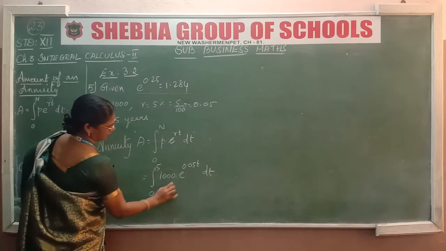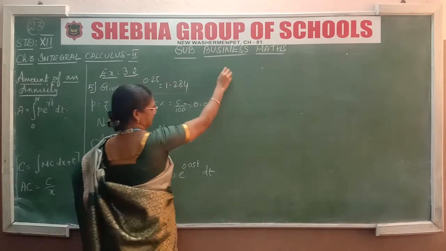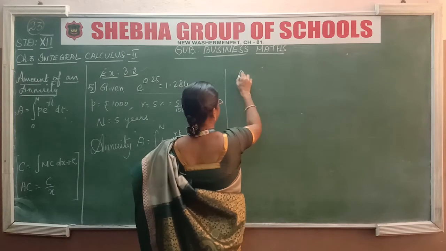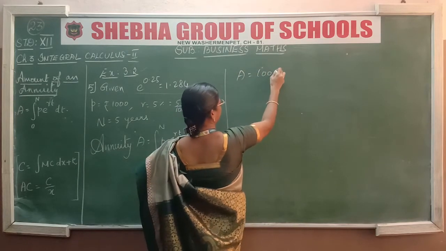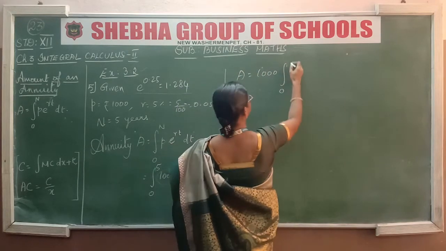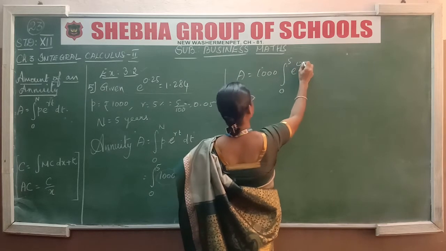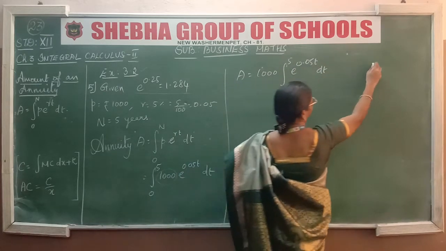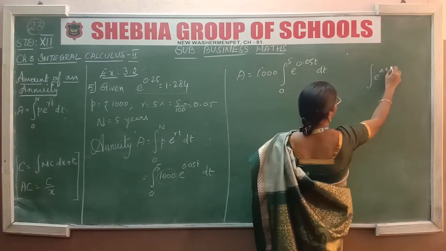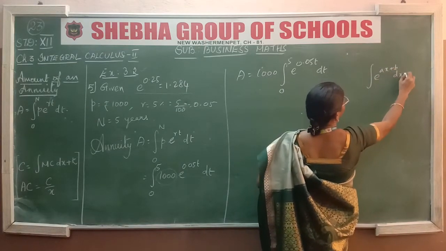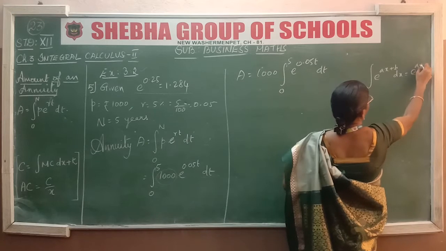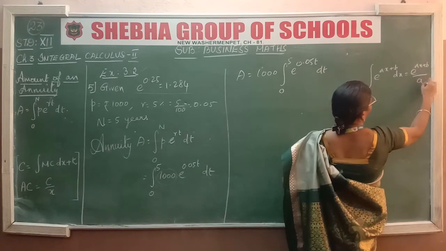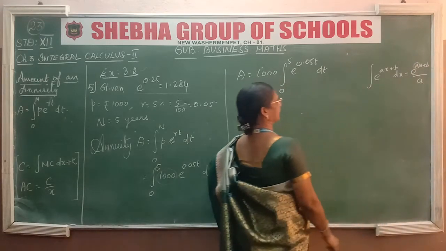Now 1000 is constant, so taking it outside, A equals 1000 times integral 0 to 5 e power 0.05t into dt, and we know one formula, integral e power ax plus b into dx equals e power ax plus b by a, where a is the coefficient of x.